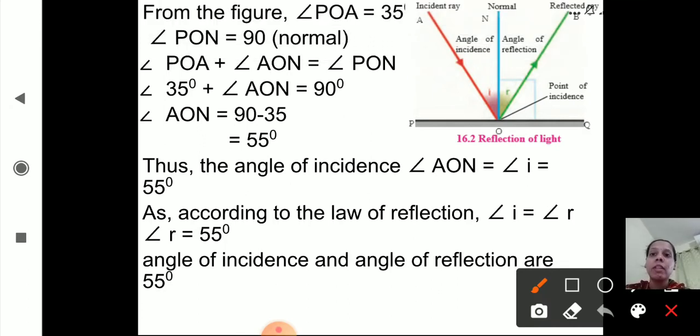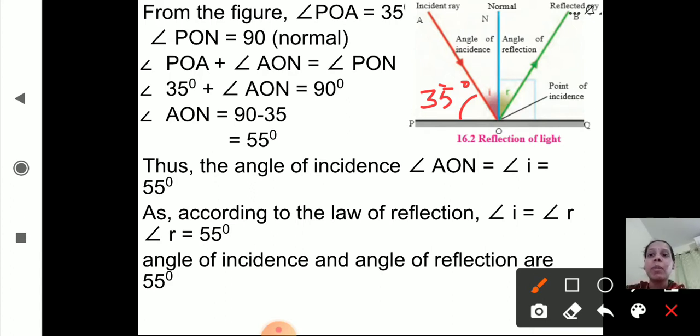So if this angle is 35 degree, we have to find angle of incidence and angle of reflection. So angle PON is equal to 90, that is normal.